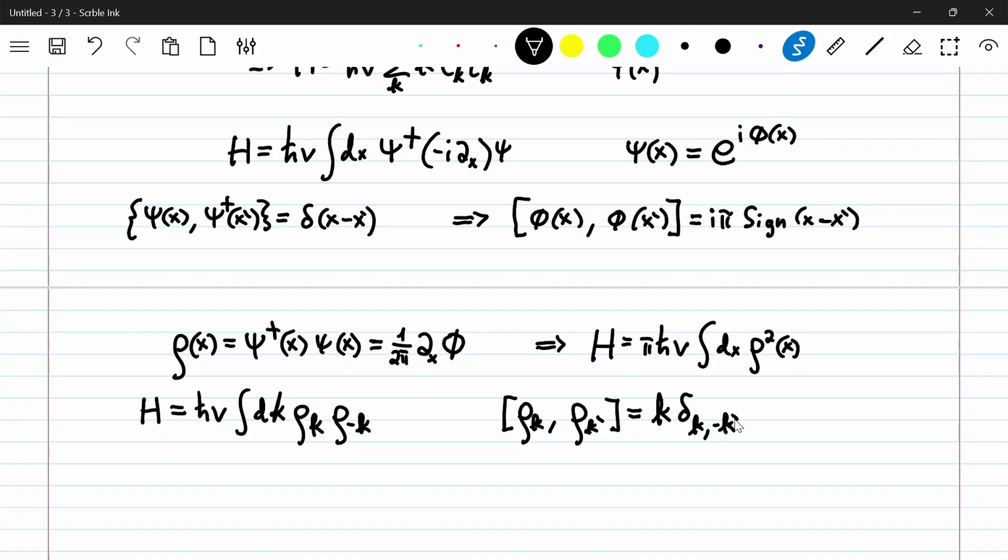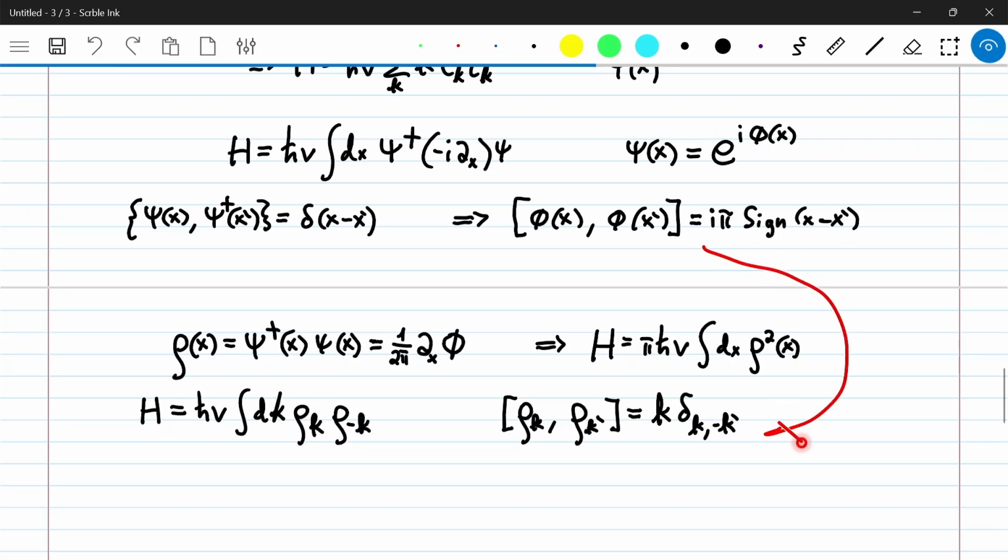Okay? That's what you get. Again, it's just algebra to show it in K space. This follows directly from here when you do the Fourier transform.